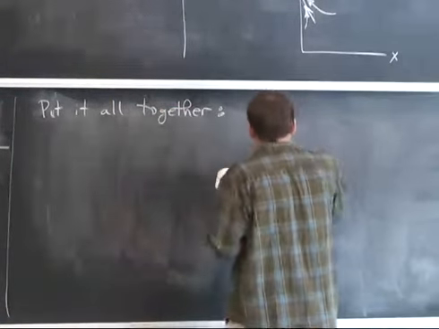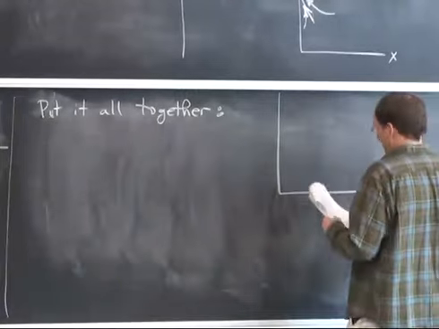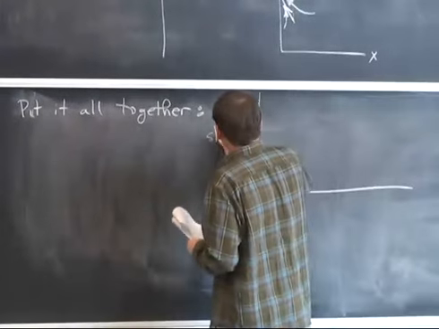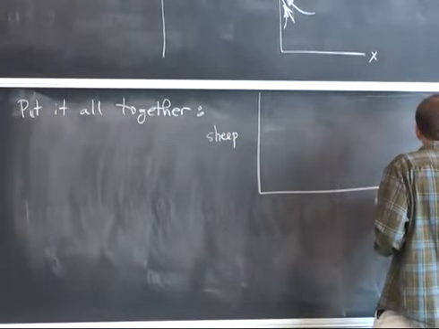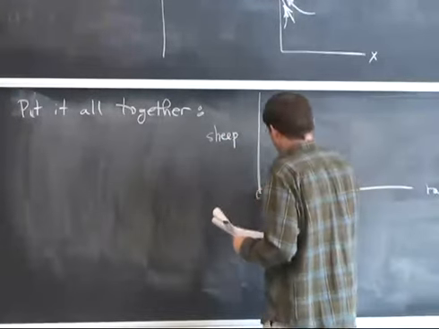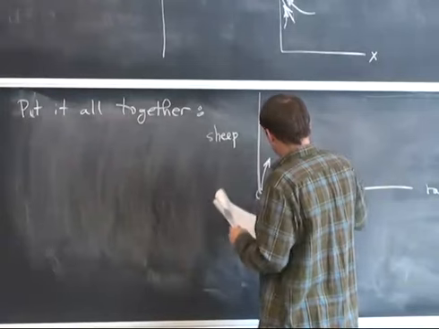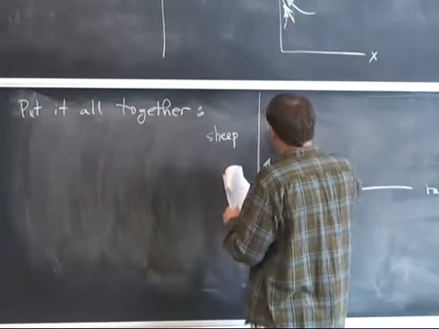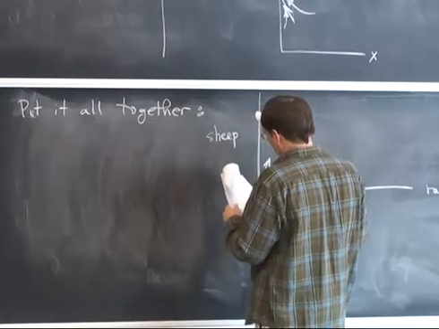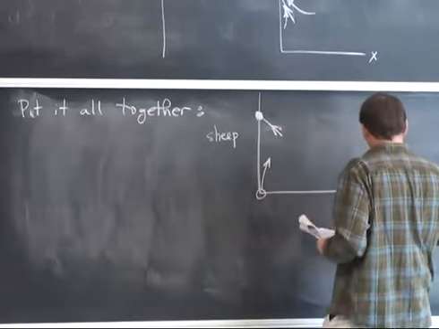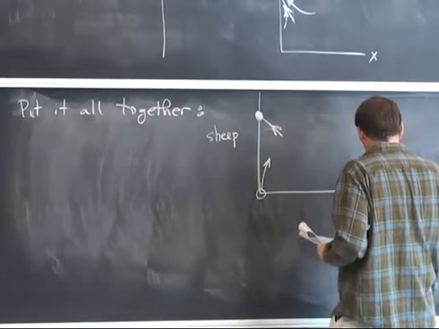And we get sheep over here, rabbits here, coming out like that, going in here, also going in down here.